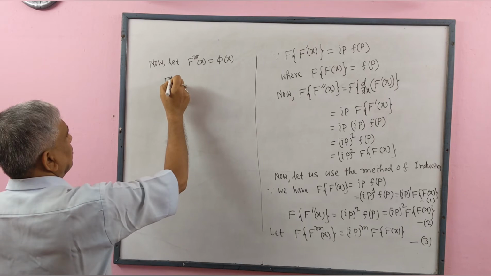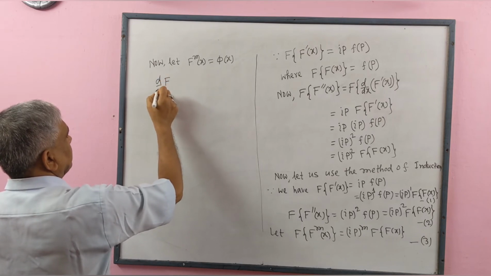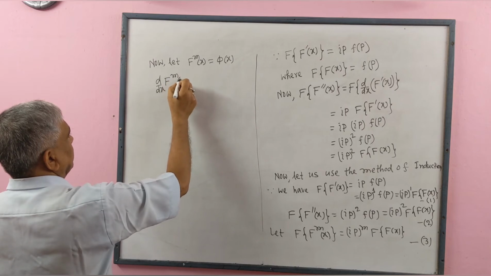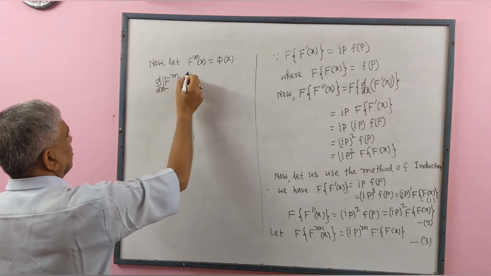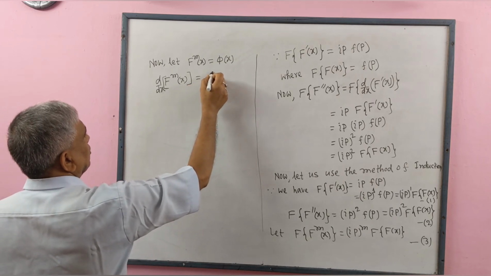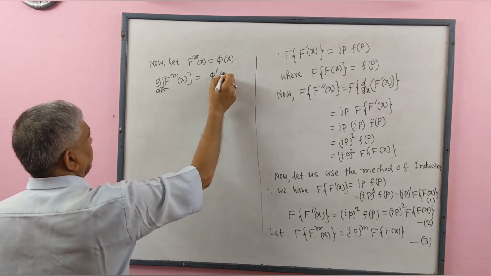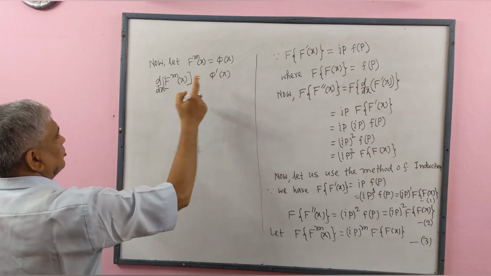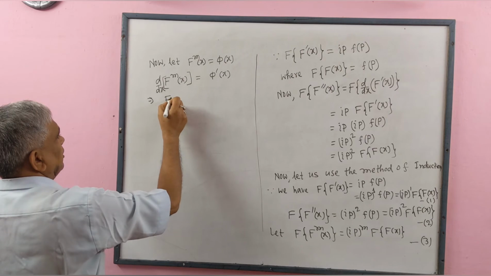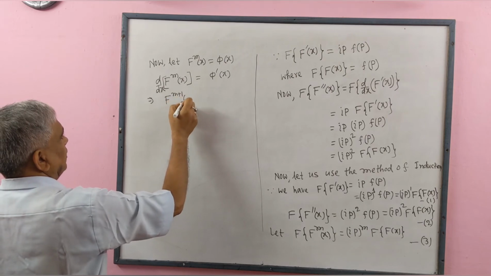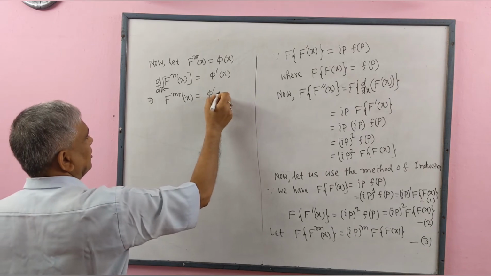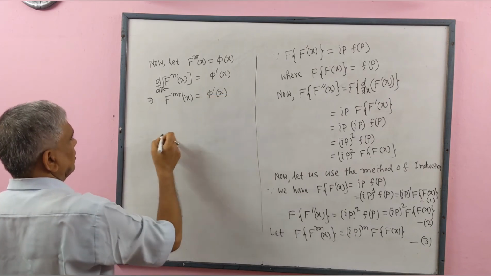Then d by dx of the mth order derivative equal to phi dash x, meaning the first order derivative. This implies that f_{m+1}(x) equals phi dash x.